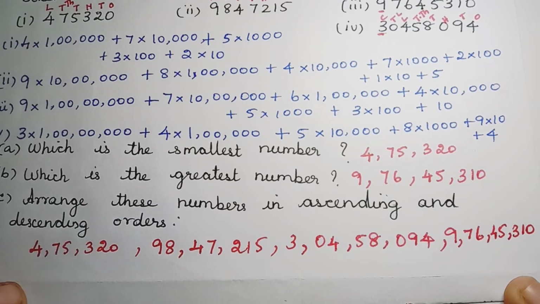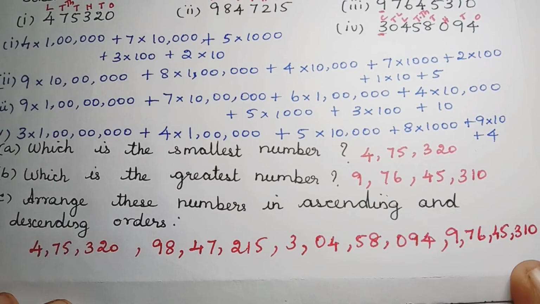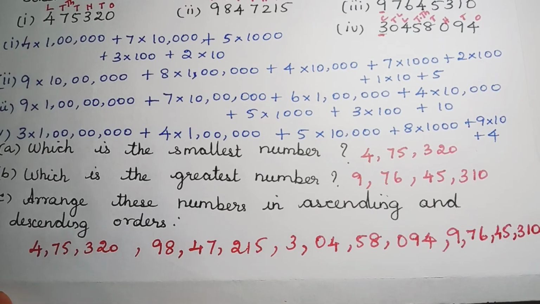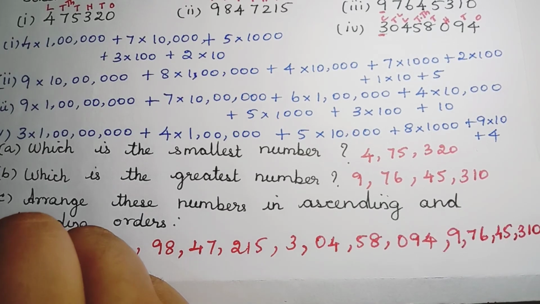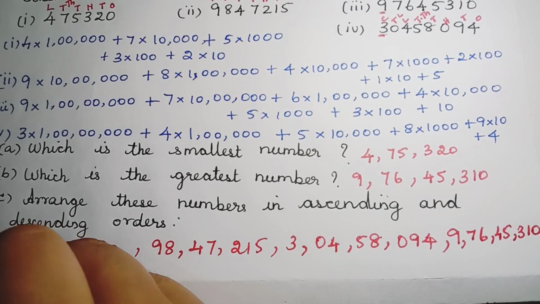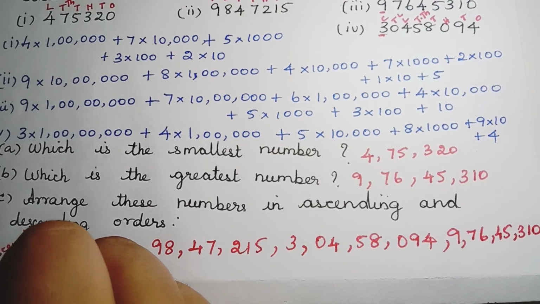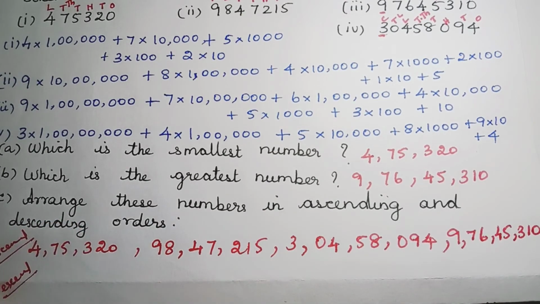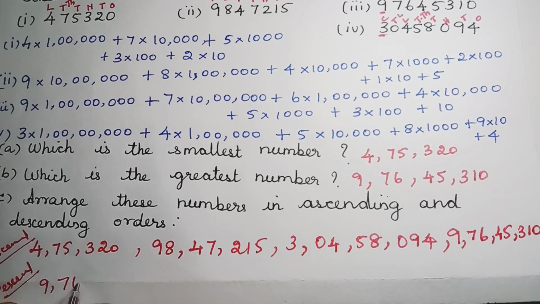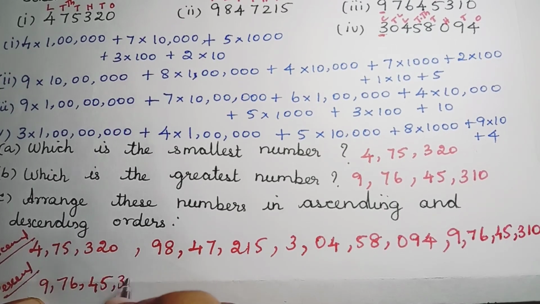Okay, so how will you write it in descending order? You have to just write it in the reverse. Okay, so this is ascending order and descending order. You have to write it in the reverse. So 9 crores 76 lakhs 45,310.